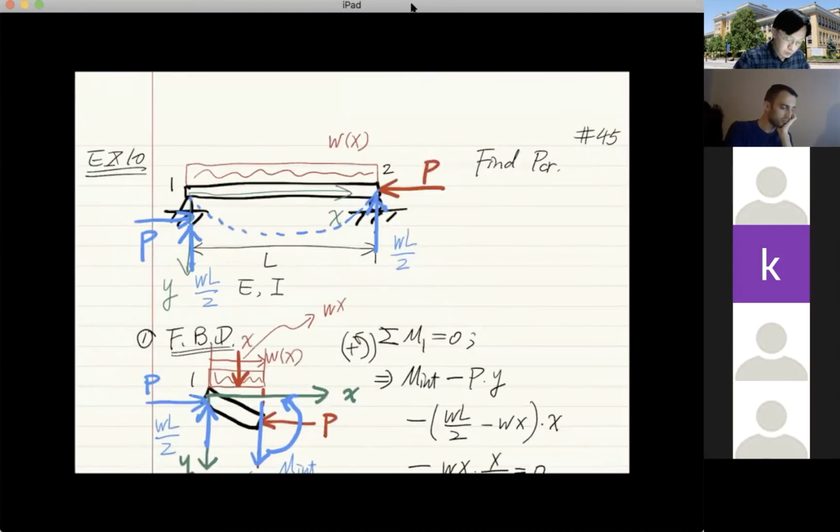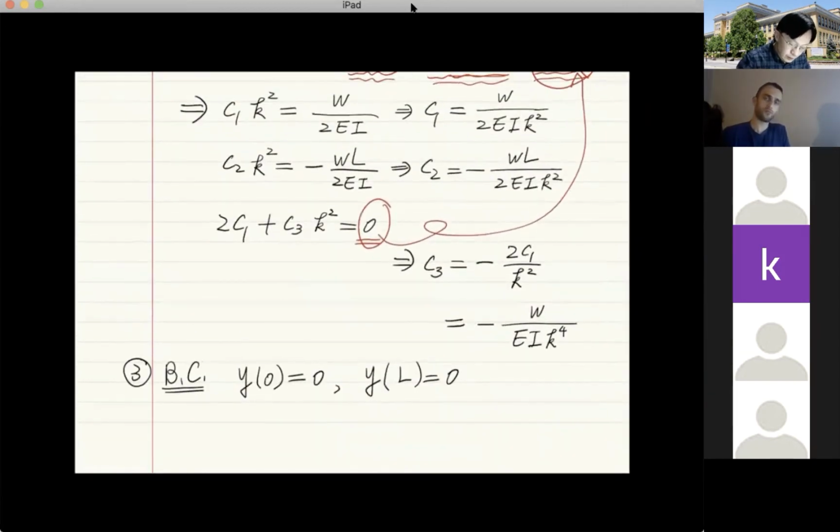Why? Because of the kinematically admissible deformation profile that we consider. Therefore, at midspan here, the deflection must be level to the x-axis. Mathematically, we can write this as y prime at L over 2 must be 0.